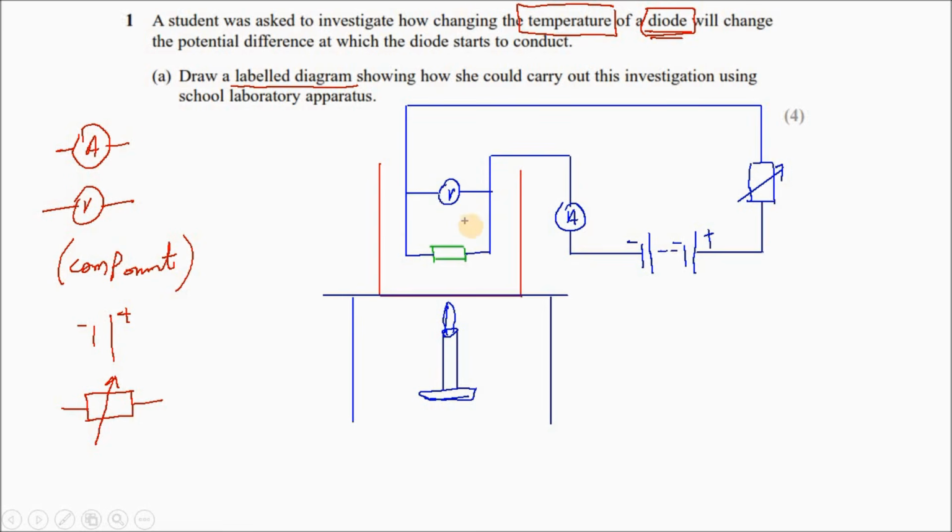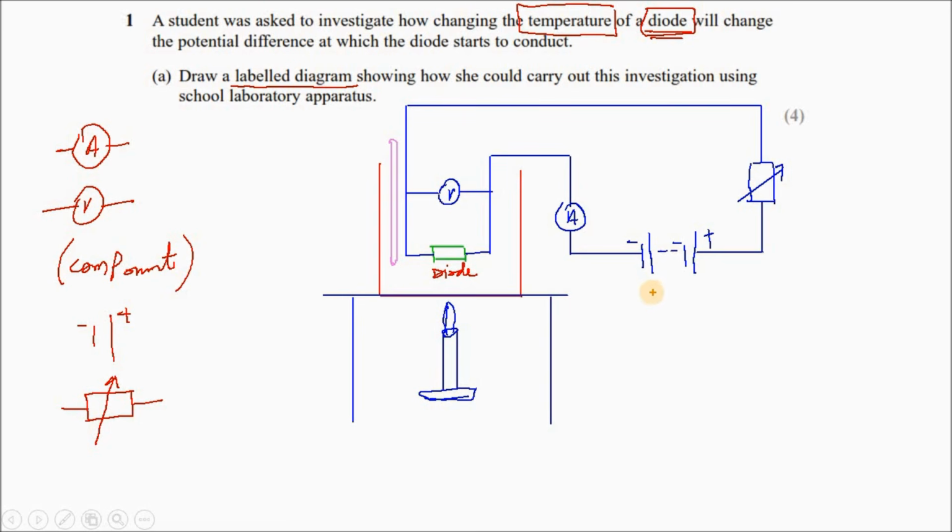And yes, don't forget to put a thermometer inside. So you can put a thermometer close to your diode so you can measure the temperature. Now you can label your diagram. You can say that this is your diode, voltmeter, ammeter is already labeled.